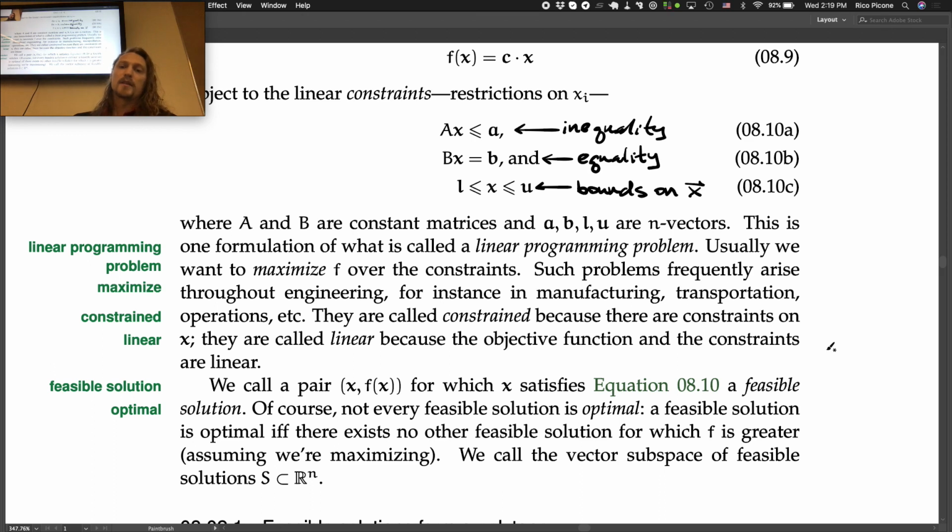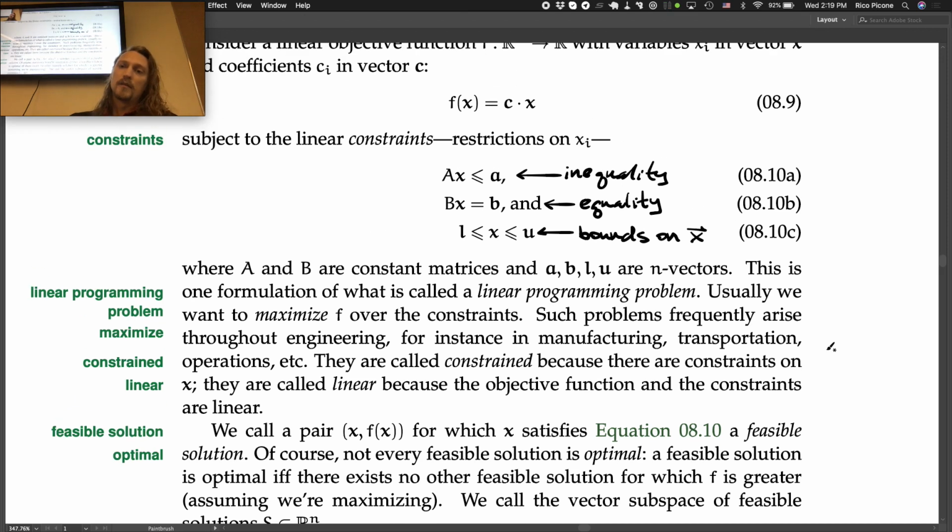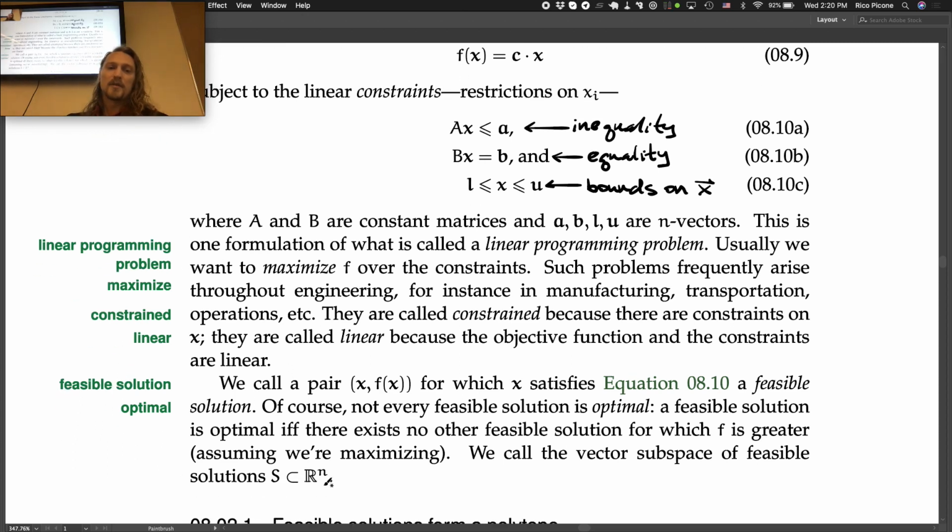We call the vector subspace of feasible solutions S. Okay? So you can think of 8.10 as carving out some region in Rn that is the solution subspace S. Okay, so that's where we're looking for values of f that are greatest.